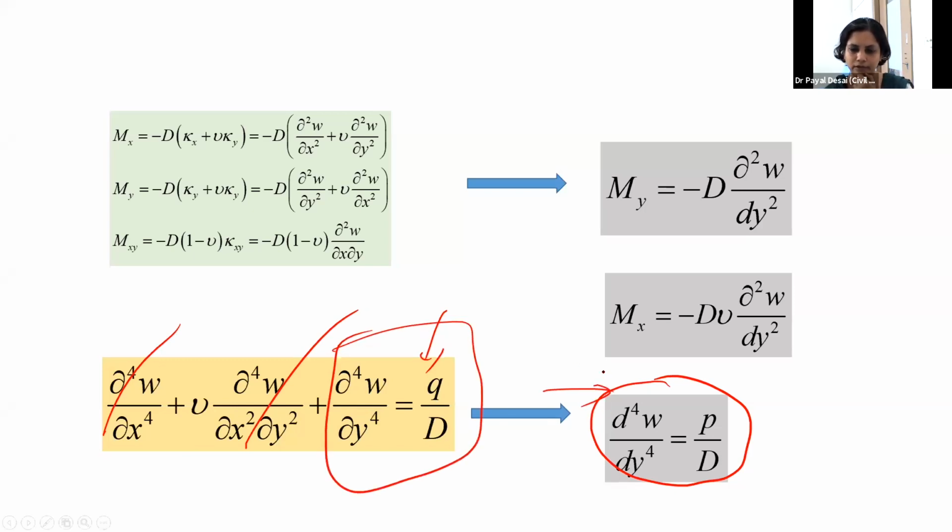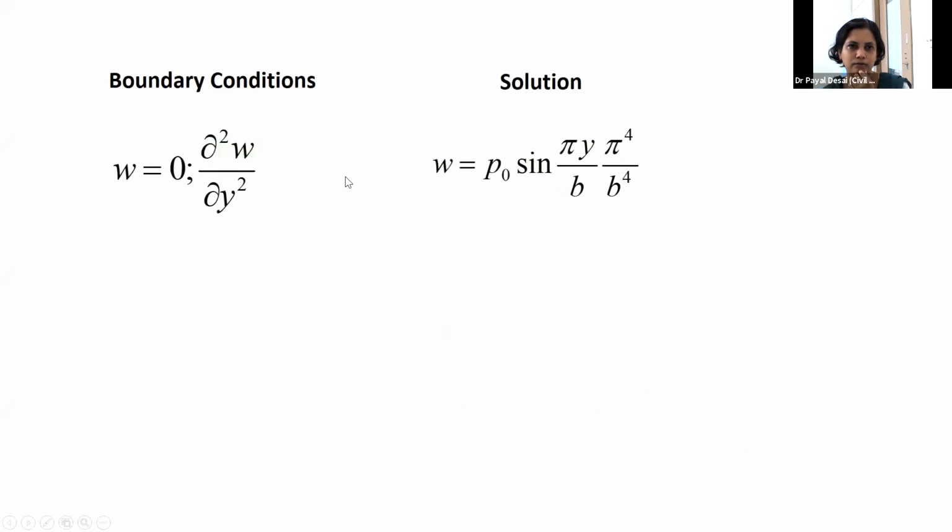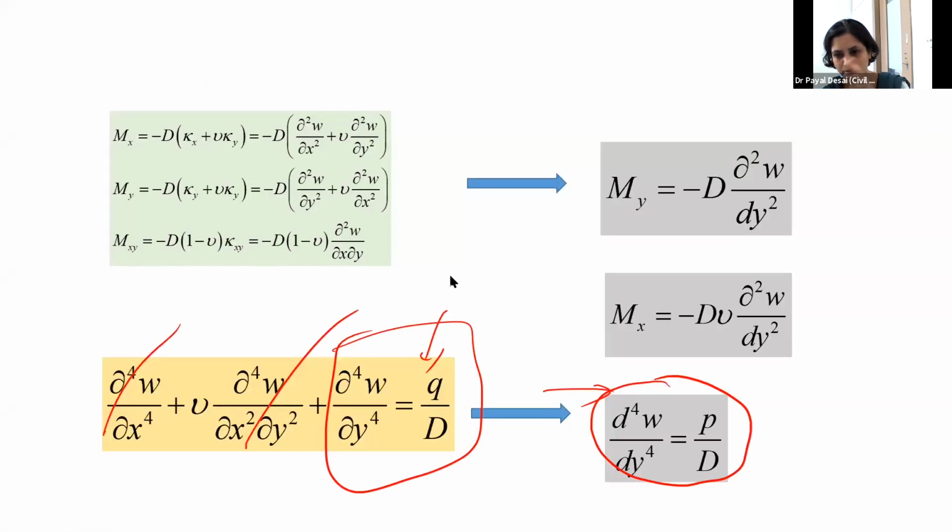You can now assume any deflection function. That is a solution strategy, and by introducing the boundary conditions you find the constants, the usual way when solving deflection problems in beams also. For the fourth order equation, you integrate 4 times to get W, and then find the constants from the boundary conditions.